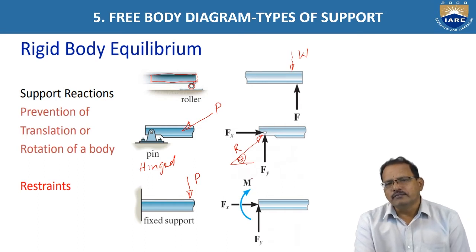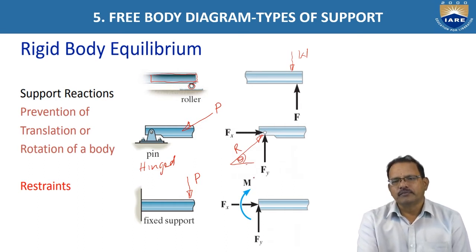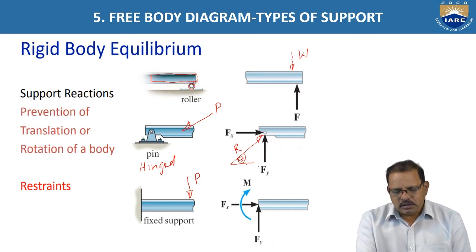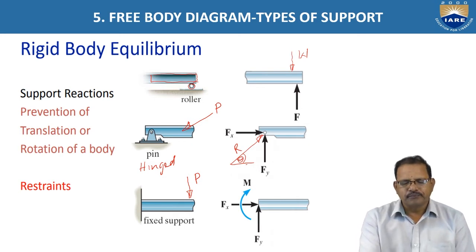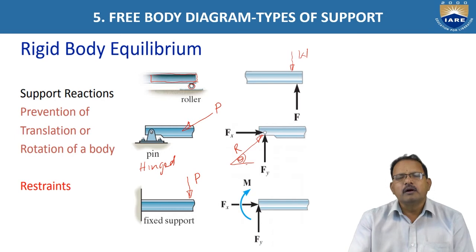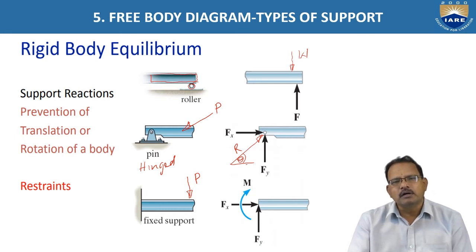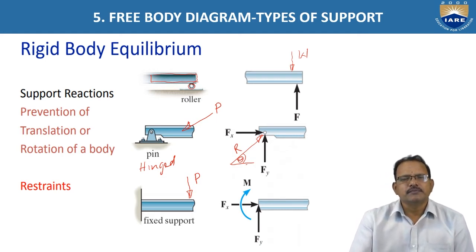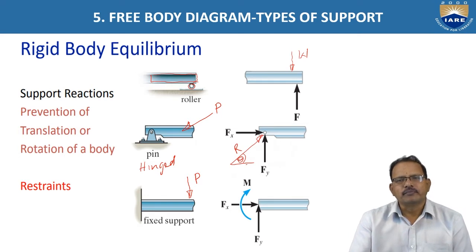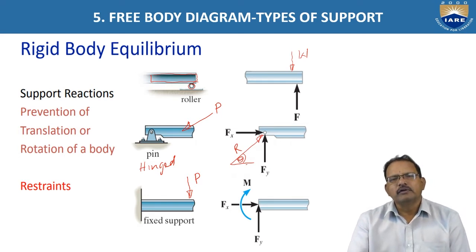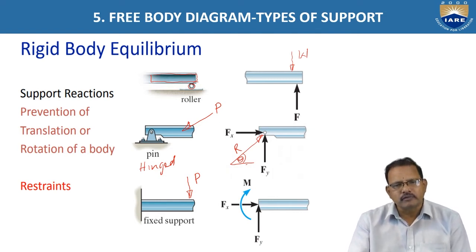at the fixed support. Hence, from these conclusions, when the body is having a support of knife edge or roller support, it has only a vertical reaction. In the second case, when the body has a hinged support, two types of reactions are developed, one along the x direction and one along the y direction.